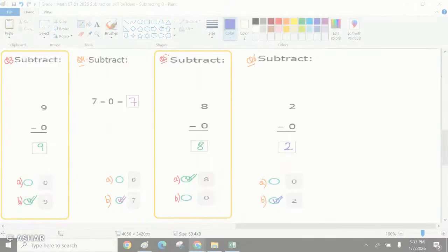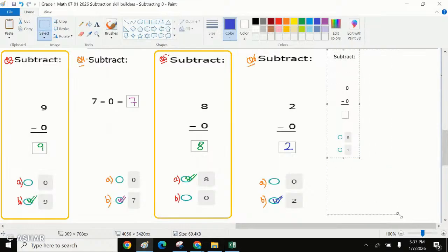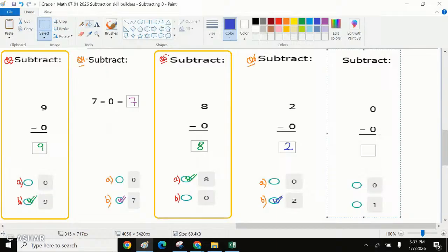For the next question, this is something we already did. So we should be able to know what the answer is. So question number 7, I'll just enlarge this so that you can read this easily.